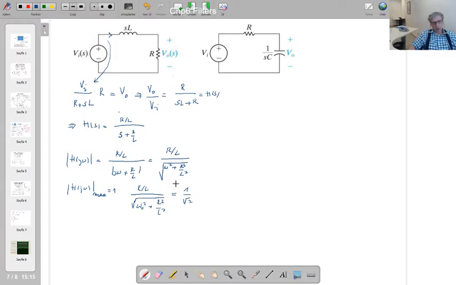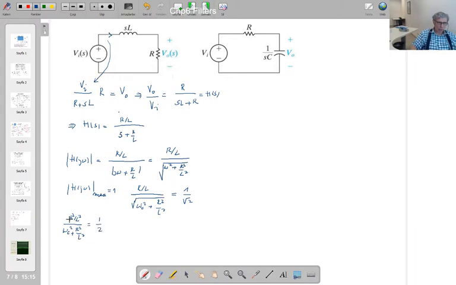So if you take the square of both sides, you end up with R squared L squared over omega C squared R squared L squared plus ... equal to 1 over 2.